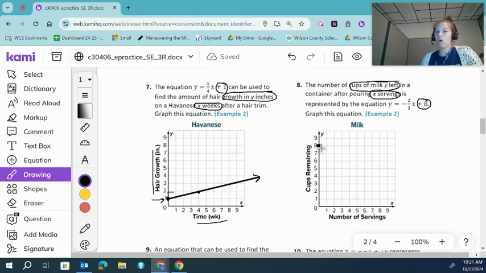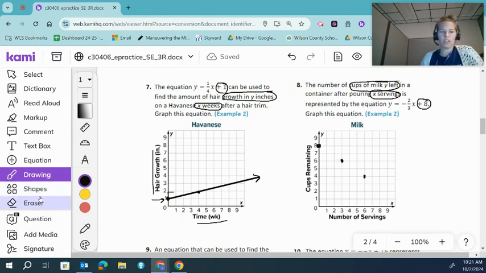So then if we went down 2 and over 3, for my 2/3 slope, and again, it's negative, that means 2 cups of milk was 3 servings. For every 2 cups of milk we lost, it was 3 servings. Then when you had 4 cups remaining, you had used 6 servings of milk. Does that make sense?